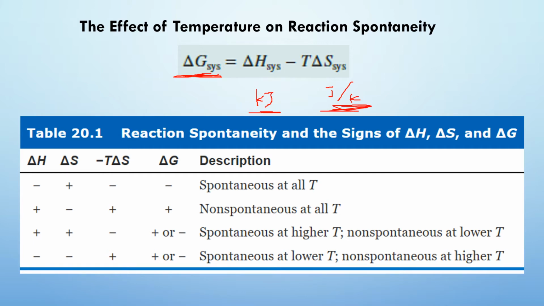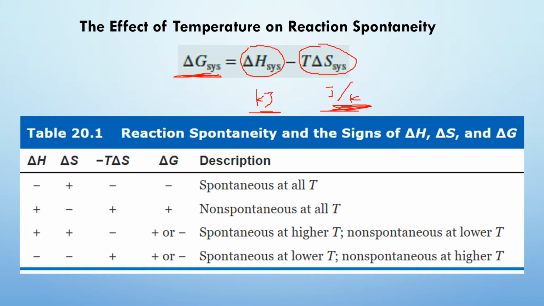But remember, delta S has a multiplier, which is the temperature. So when we want to determine whether delta G is greater or less than 0, we need to compare the magnitude of delta H with the term temperature times delta S. That's why temperature, for a lot of reactions, is an important factor in determining whether it's spontaneous or not.